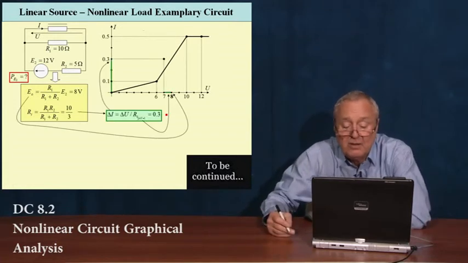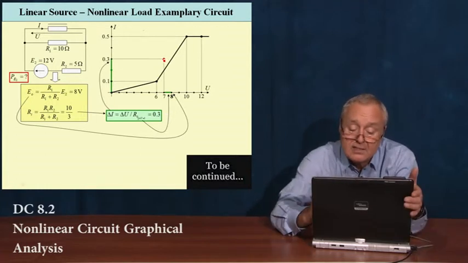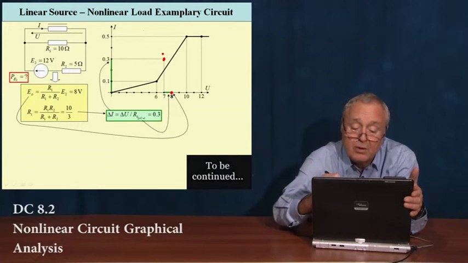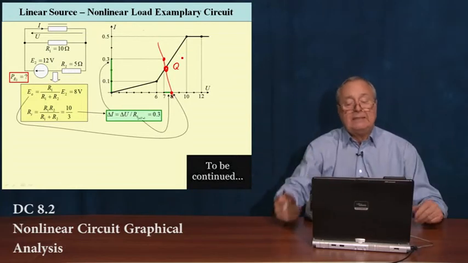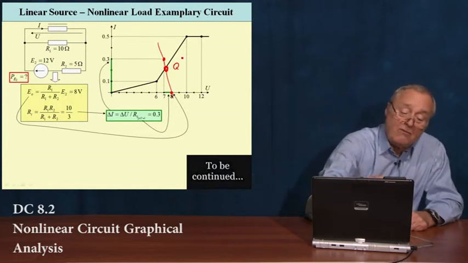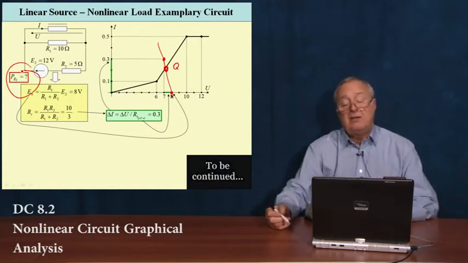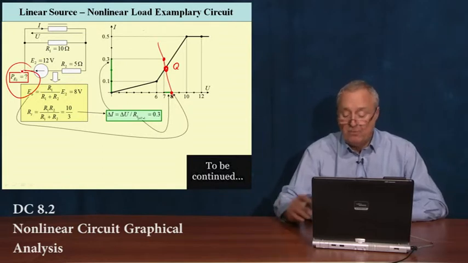So for delta U equal to 1 volt, delta I is 0.3, and we have this point designated. Now we are ready to connect these two points to find the Q point, the solution of our nonlinear circuit. I mean, the solution that we are looking for is not the voltage across the nonlinear element, it is the power dissipated by the voltage source.